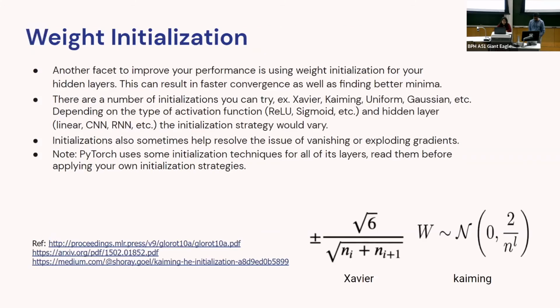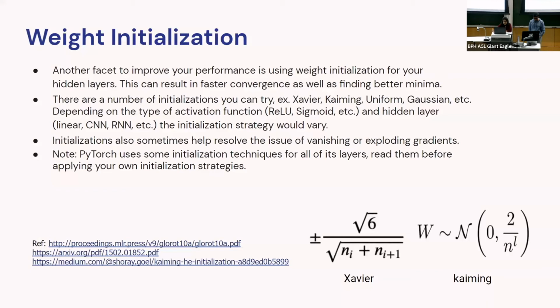So weight initialization. One of the main parameters that determine your accuracy would be weight initialization. Weight initialization would prevent problems of vanishing or exploding gradients, can result in faster convergence, and you will also be able to find a better minima.